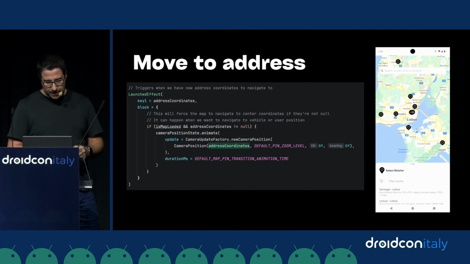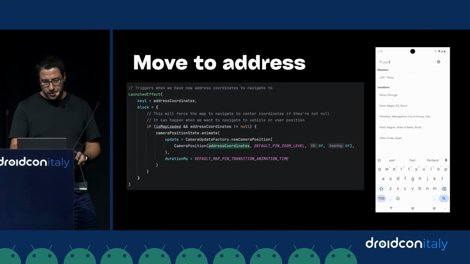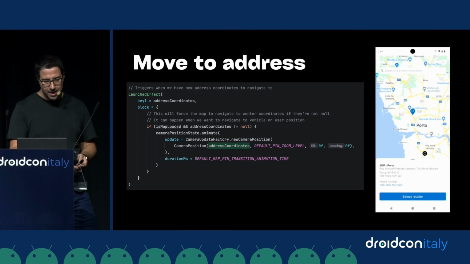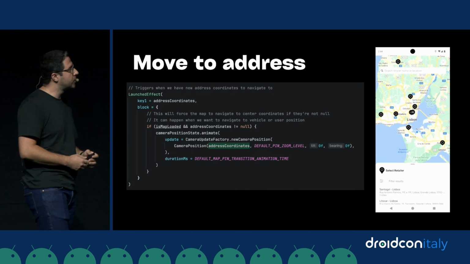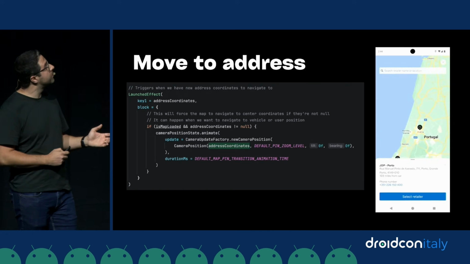The third use case that I want to show you is how we were searching for a location, clicking on a retailer that would show up in the search, and moving the map to that new position. Of course, we were using a different API to fetch the coordinates of the search.